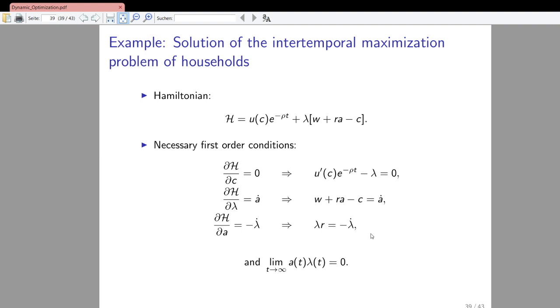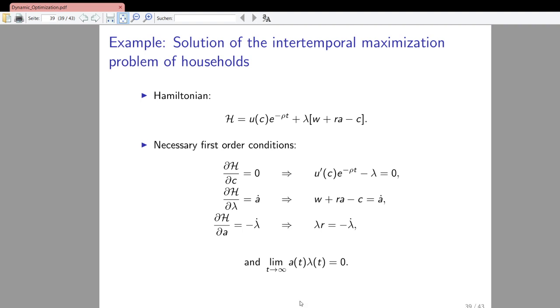So irrespective of whether you encounter a present value or a current value Hamiltonian formulation, the final result should be the same. Sometimes one of the two is easier to apply, and here we just follow the present value formulation. Okay, so then you have the Hamiltonian, that's the first step.